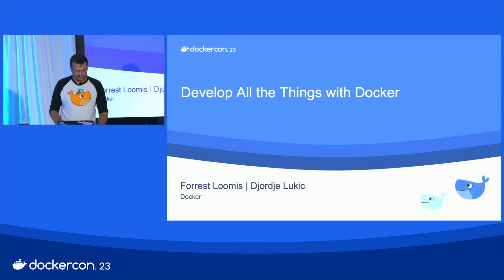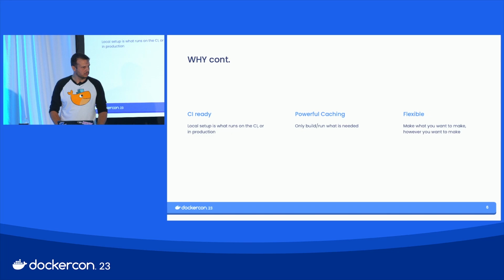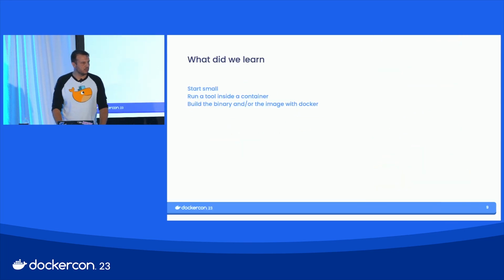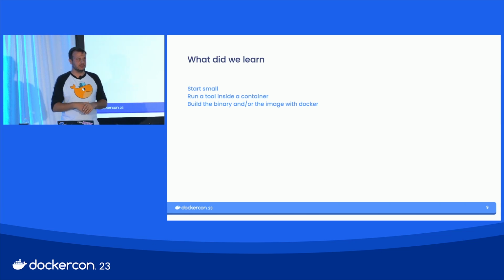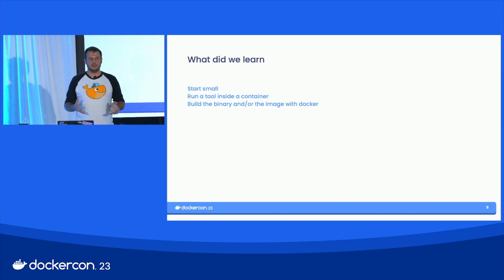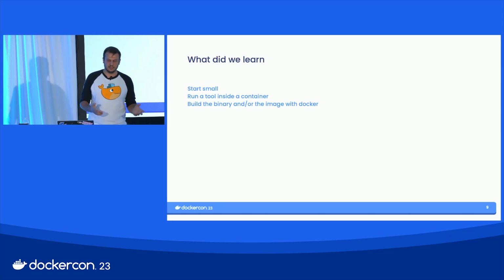So let's just quickly recap. What did we learn? I hope someone learned at least some things here. The first and most important thing for me is, start small. It's fine if it's not super optimized. It's fine if everything is not inside Docker Desktop.